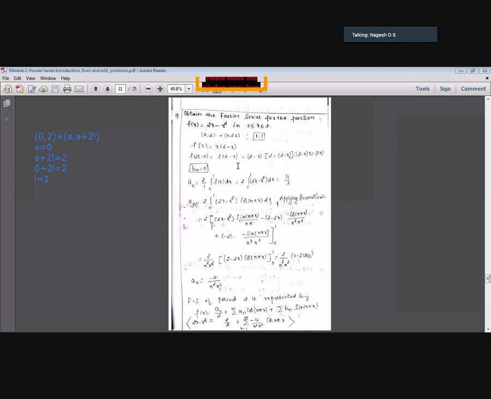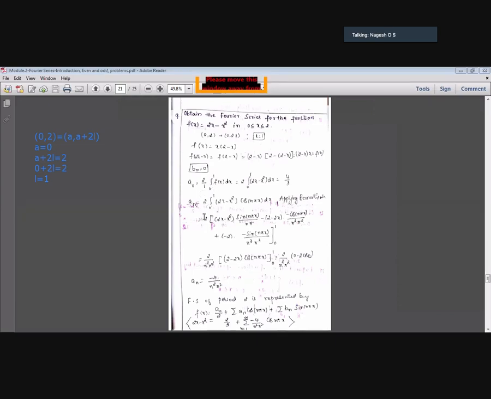Wherever x is there, we have to substitute 2 minus x. So in place of x, 2 minus x, here also in place of x, 2 minus x. So you will get back f of x only. Therefore, Bn is equal to 0 since it is an even function.